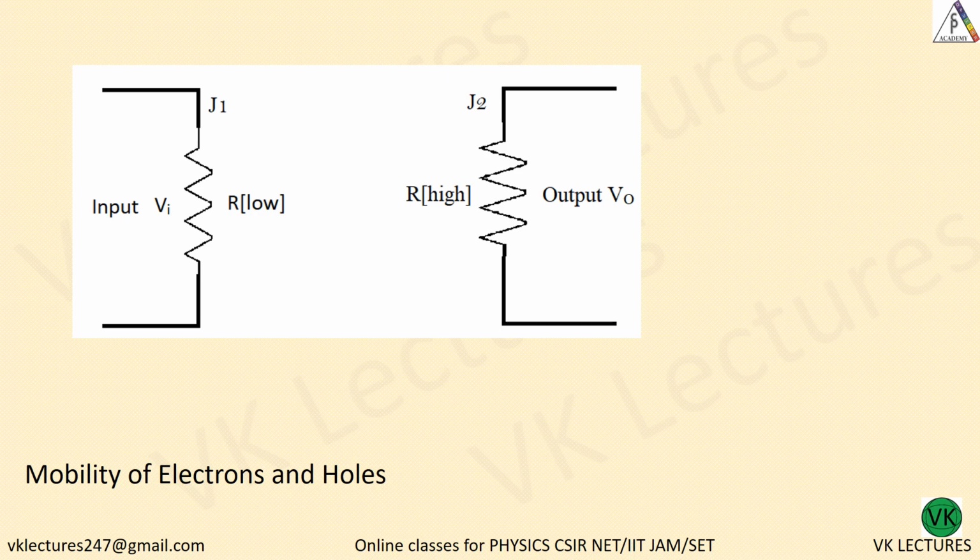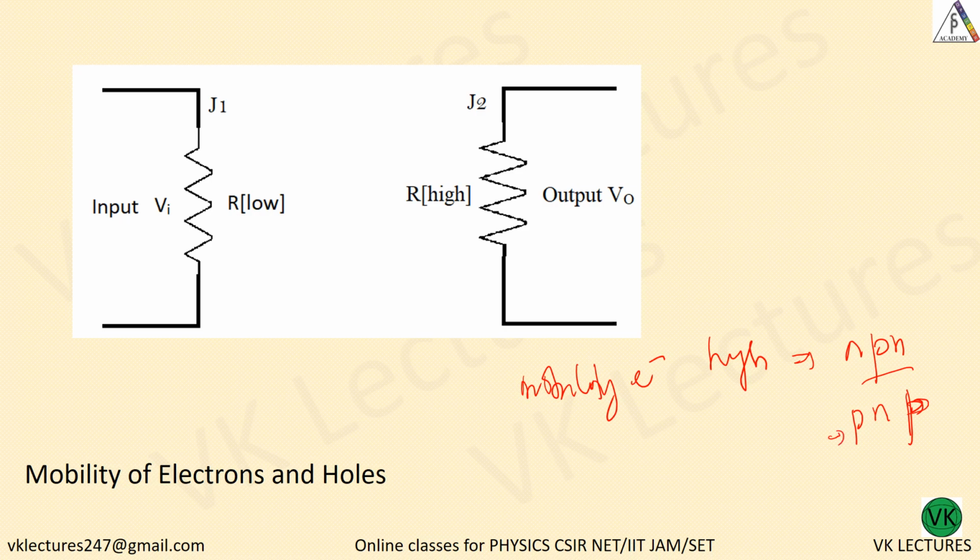Mobility of electrons is high. That means it can move through the crystal quickly. That is why most of the time we will use NPN transistor rather than PNP transistor. This was also one of the questions asked in interviews. Why is NPN preferred over PNP?